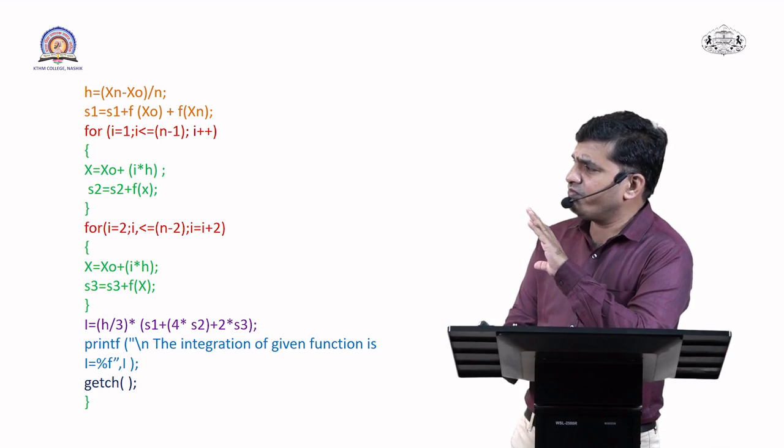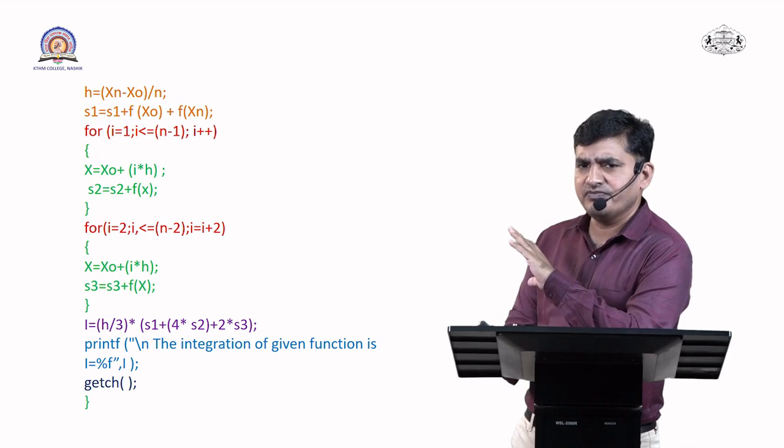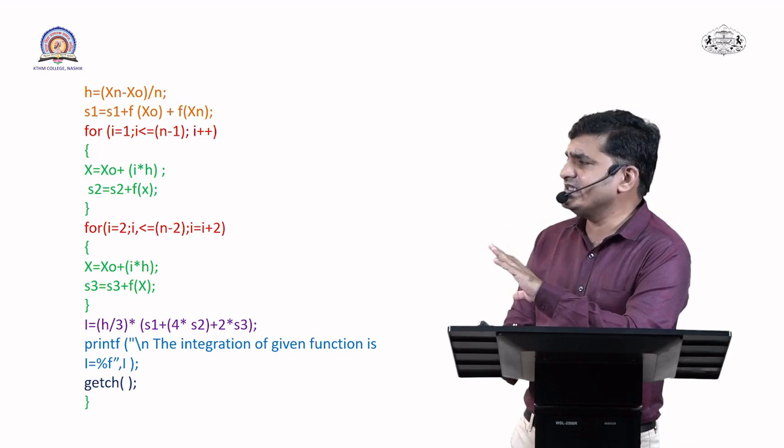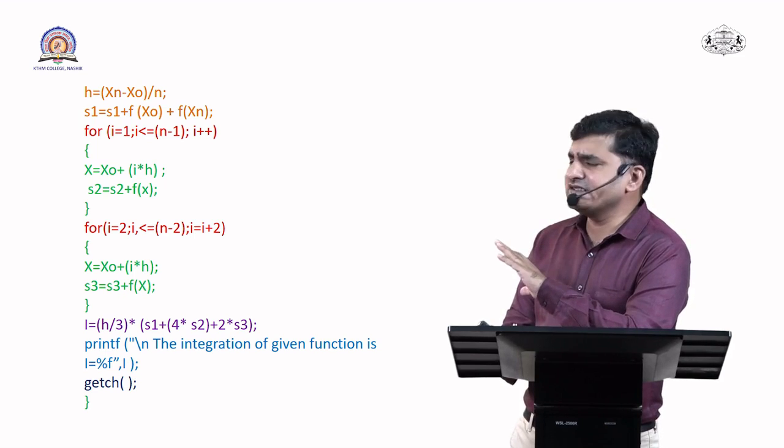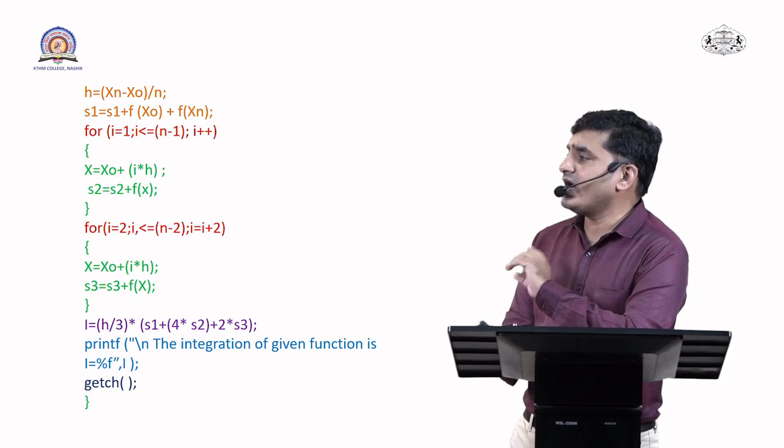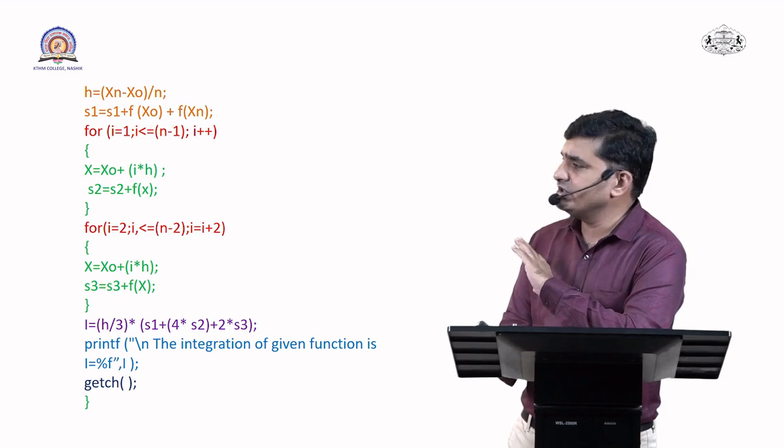Now we have to find all even terms. For that, we initialize the value of i is equal to 2, and i is incremented by 2 up to i is less than or equal to n minus 2.